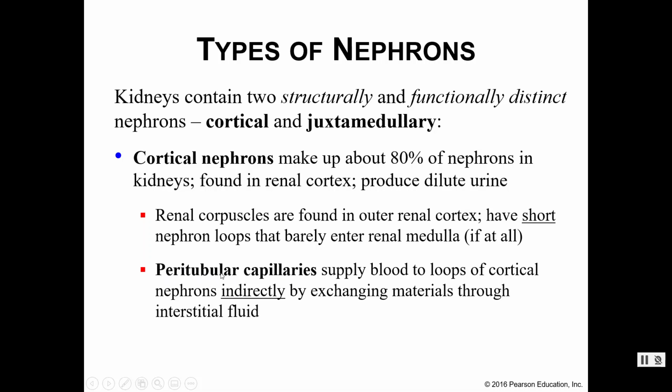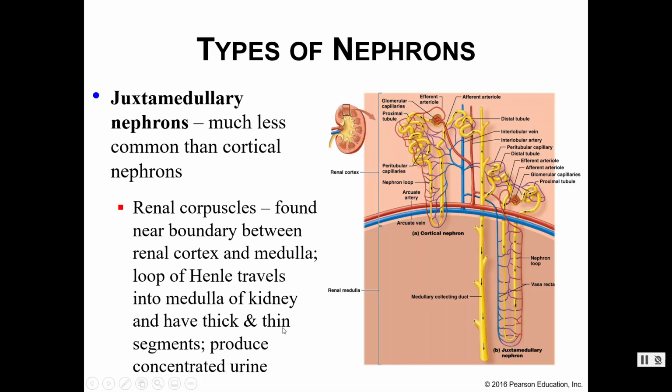Okay, these are capillaries that are going to surround your tubes, right, your nephron tubes, your renal tubules. This is how we're going to supply blood to all of the loops, okay, and this is how we are going to indirectly exchange materials through your interstitial fluid as well. So we can kind of soak up stuff from your interstitial fluid if we need to, okay.